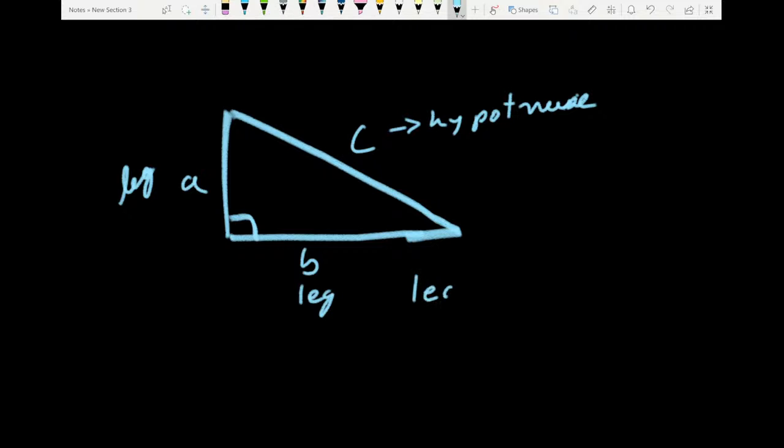So the formula of the Pythagorean theorem says leg squared plus leg squared is your hypotenuse squared.